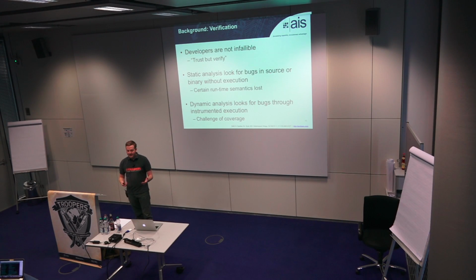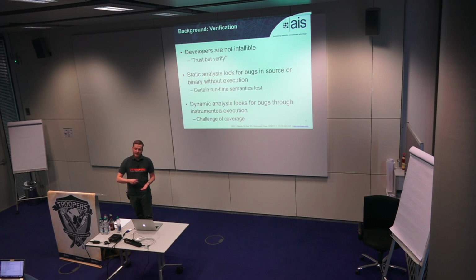Static analysis looks at the source code or a binary without executing it, and so that means it's static. The problem is that sometimes runtime semantics, like indirect jumps, or a list of function pointers for setup that change depending on how the program is run, get lost, so you're missing that gap.